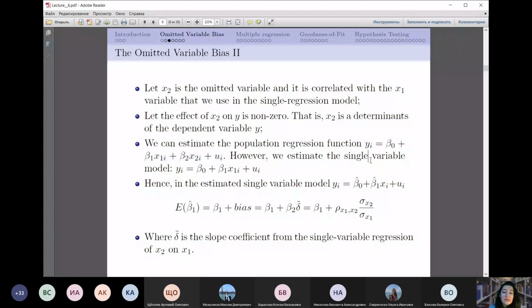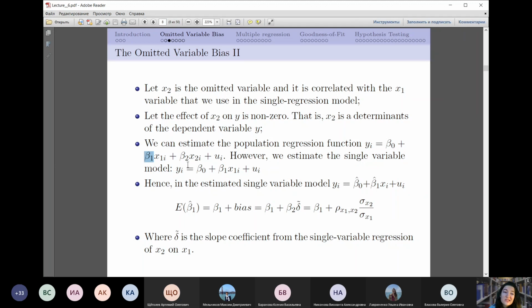So let's suppose that, due to our research question, our primary interest is in beta 1, because you want to find how the x1 factor affects your dependent variable.